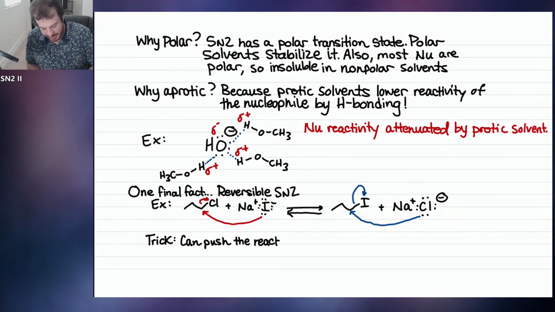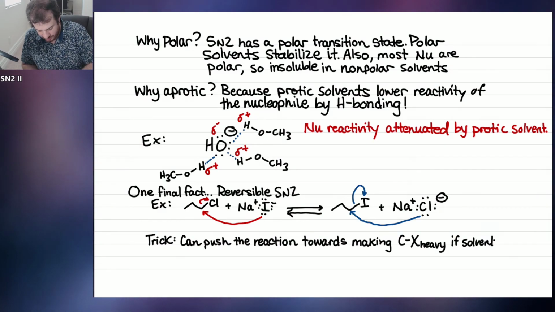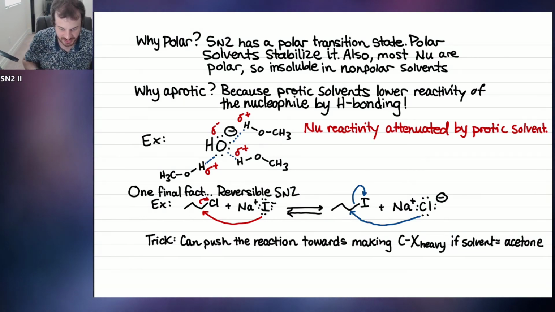So we can push this reversible reaction towards the heavier carbon-halogen bond. And the way you do this is if the solvent is acetone. So the trick is to use specifically acetone as the solvent.